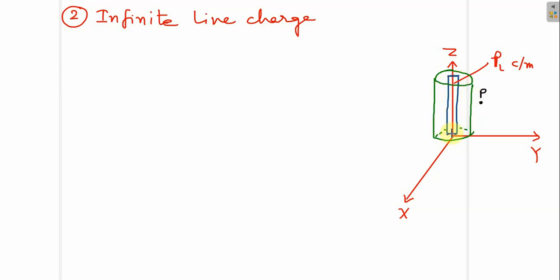Okay, so this cylindrical surface would enclose this. And one more thing was there, that this surface should pass through the point P also, at which electric flux density is required to be calculated. So let us consider that this point is here.